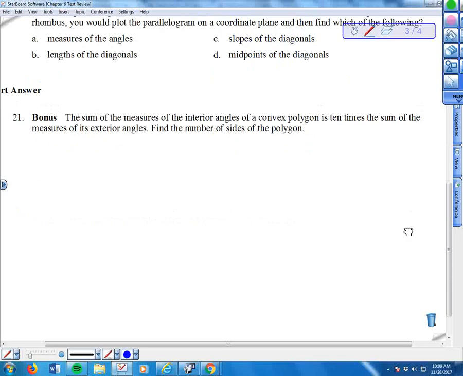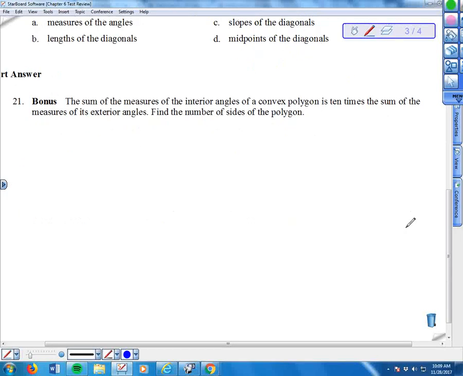The sum of the measures of the interior angles of a convex polygon is 10 times the sum of the measures of its exterior angles. So you're going to do n minus 2 times 180 equals 10 times 360.